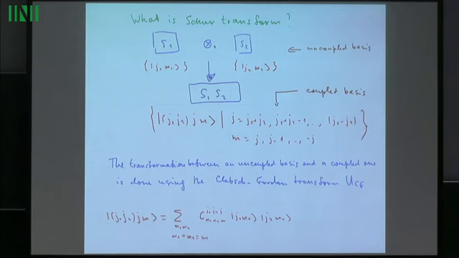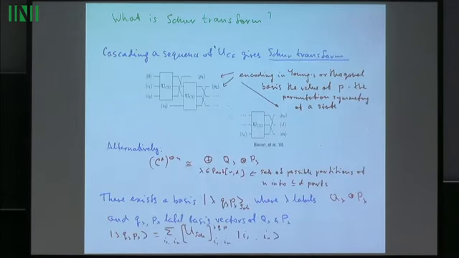So how does it relate to the Schur transform? Well, a sequence of Clebsch-Gordan transforms. Imagine you have n particles and you want a coupled basis of n particles. You can start with the first two qubits and some auxiliary register and apply the Clebsch-Gordan transform, and then you do it again with another qubit and another and another.